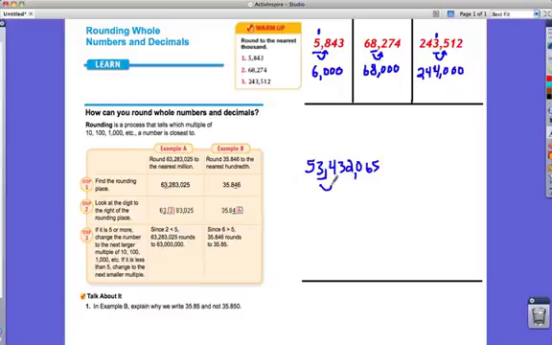Look to the right, ask ourselves this famous question, is this number 5 or higher? Well, it's not. In this case, then the underlying digit will stay the same, and then the rest becomes zeros, and we'll just bring this one down. So if we round 53,432,065 to the nearest million, we would get 53 million.